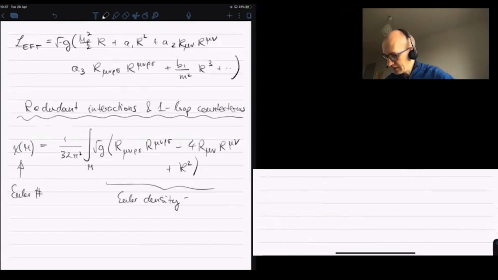Okay, and this thing has to be a total derivative by virtue of giving you a topological invariant of the manifold. And since it's topological, this means that it does not respond to metric fluctuations.